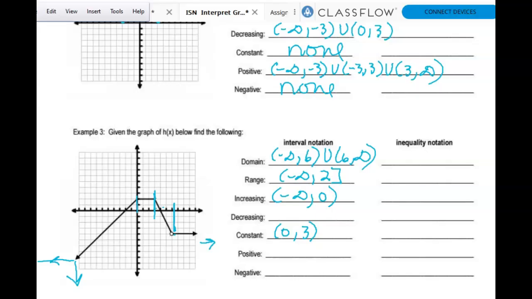Decreasing from 3 to 6. And then what happens from 6 to infinity? Remember, x's. We're going to infinity.